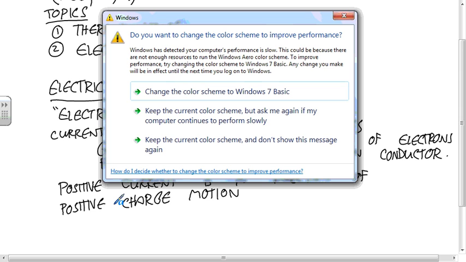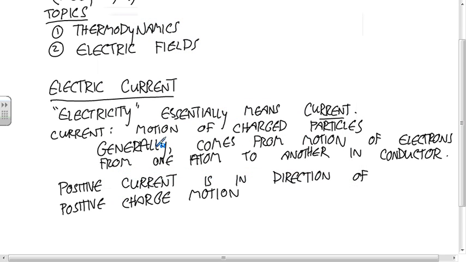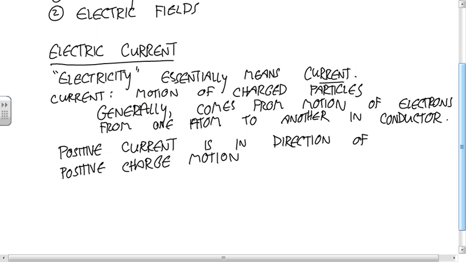As an electron hops this way, it makes this side more positive because it's losing a negative, and that makes current flow this way. The electron goes one way, the current goes the other way. That has to do with the convention that was chosen before people knew about protons and electrons.